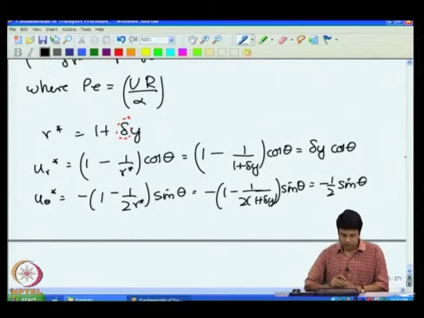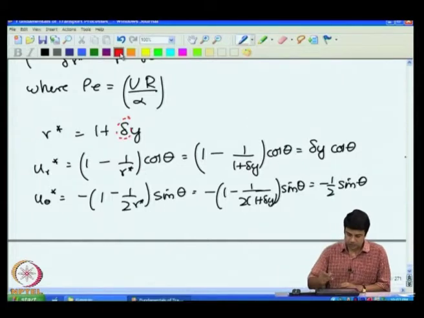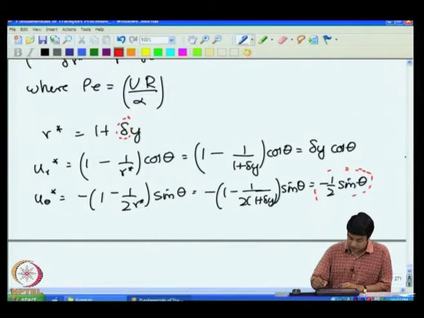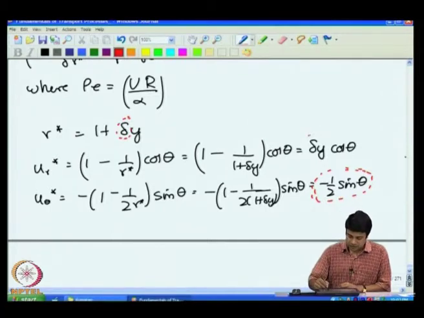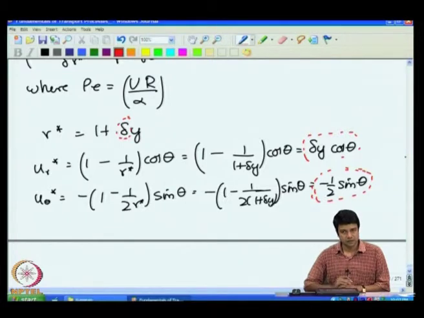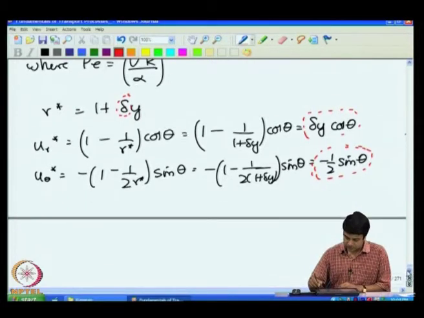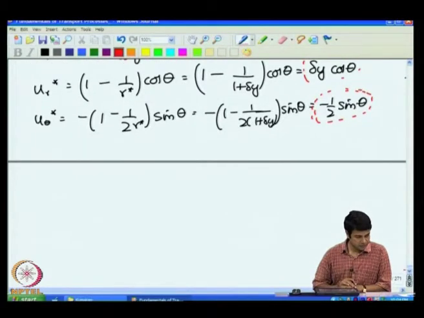So, note that in the previous problem for the flow past a particle, u_r was proportional to delta times y the whole square and u_theta was equal to delta times y. Whereas, in this case u_theta is a constant, there is a slip at the surface. There is a relative motion between the fluid and the bubble at the surface, and u_r goes as delta times y. And this is a common feature of all problems where you have a slip at the interface. So, I insert these two into my equation for the temperature field.